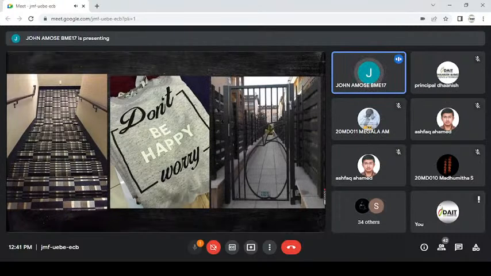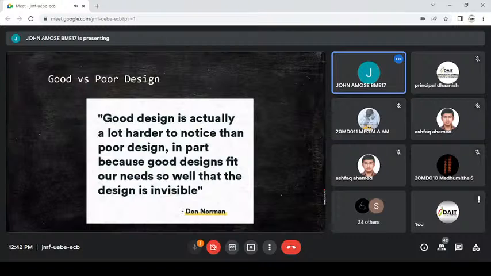A gate is designed, someone wanted to give a different design to the gate, the entire purpose of the gate is lost. Anyone can go down that hole, right? So this is giving partial solutions without having built a prototype, you come to the end, right? And you have not come back to the user's requirement. Right? So if you go to an excellent design, a good design is a lot harder to notice than a poor design because a good design will fit our needs, right?